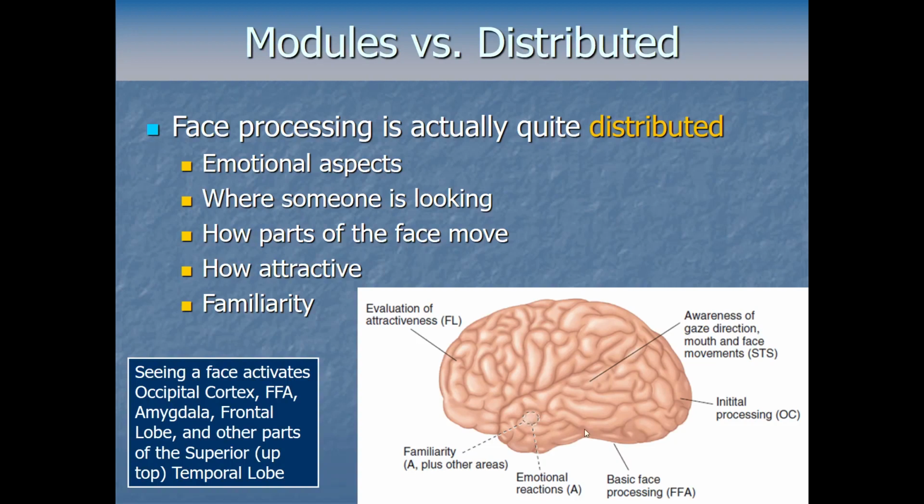There's activity there, not just in the fusiform face area. Also, the amygdala and nearby areas are important for familiarity, just that sense of like, oh, it's someone I recognize, or oh, it's a stranger. But we're also, when we're looking at a face, automatically your brain starts judging the attractiveness of it. Not just for the purposes of mating, right?